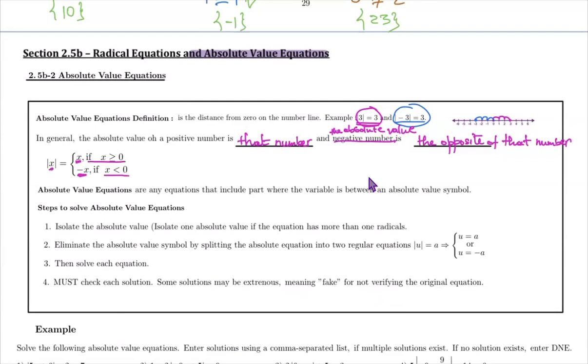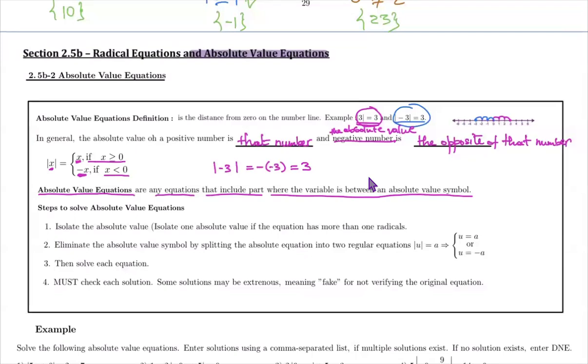So that's why the absolute value of -3 is the opposite of -3, which is 3. We've already said that an absolute value equation is any equation that includes a part where the variable is between an absolute value symbol.